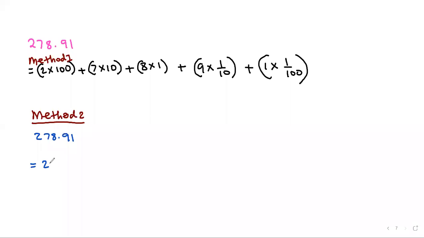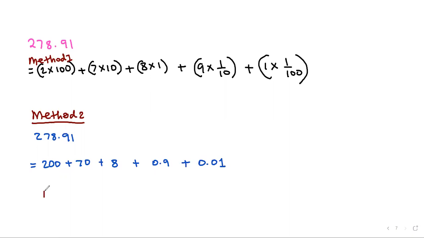Method 2: 200 plus 70 plus 8 plus 0.9 plus 0.01. Very good, very good.